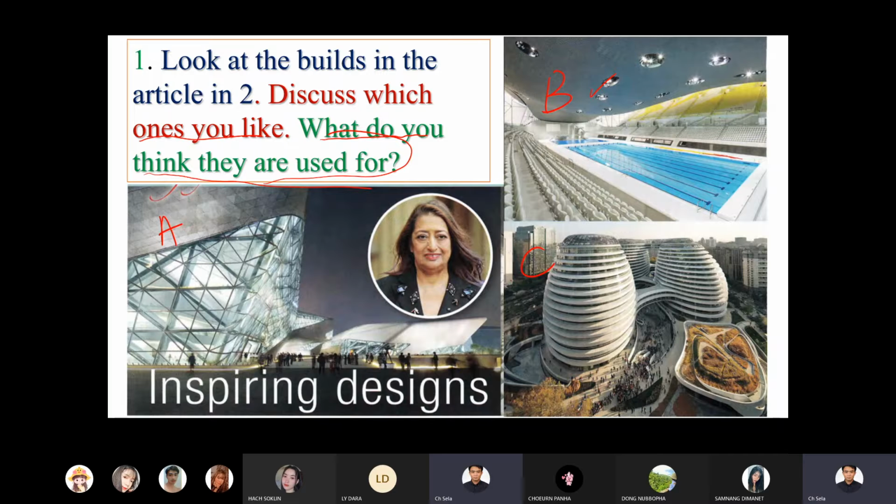Now for you, I want you to think about these 2 questions. Which buildings do you like, and what do you think they are used for? I will give you around 3 minutes to think and give the reason why you like them, and what you think they are used for. Can you do it? We will discuss the answer at 7:24. Okay, please do it.